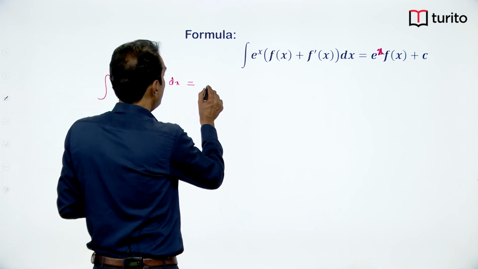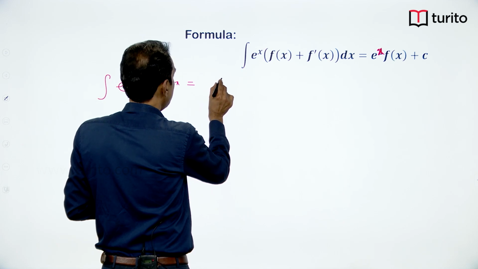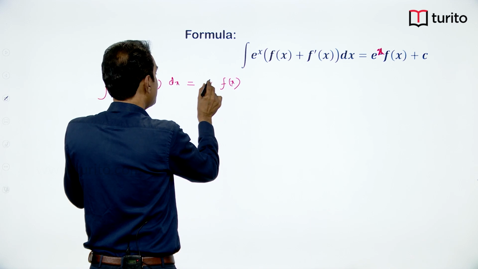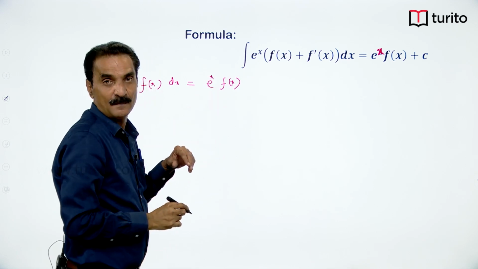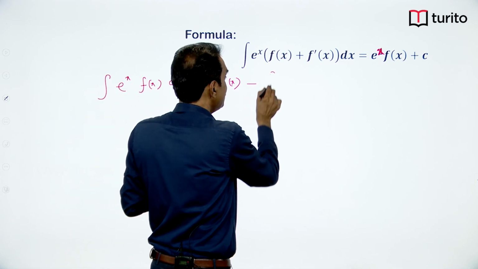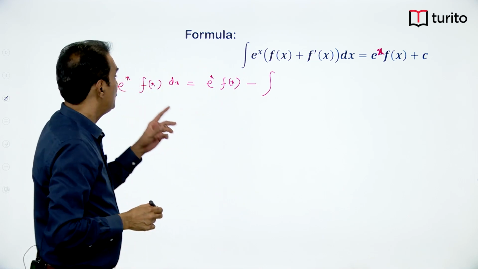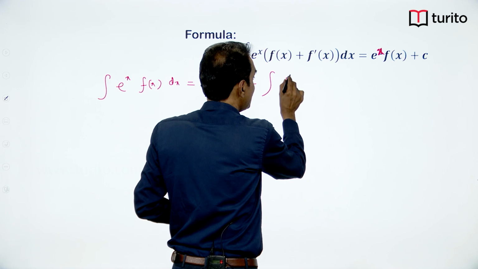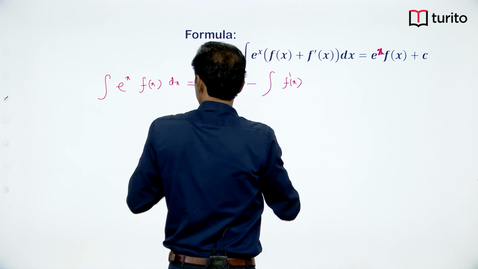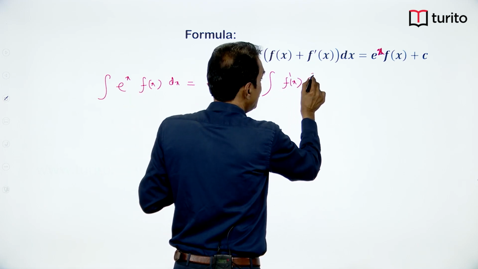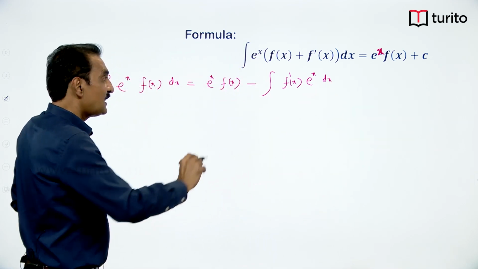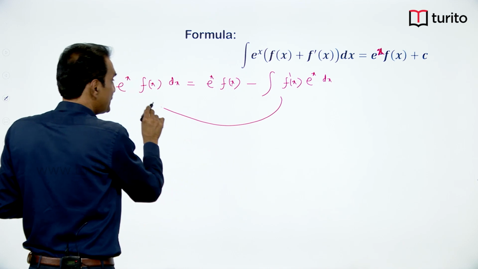Then integrating by parts, first function into integral of the second. First function is f of x into integral of the second function is e power x, minus integral of derivative of the first function f dash x into integral of the second function e power x dx. Now, take this second integral to this side.